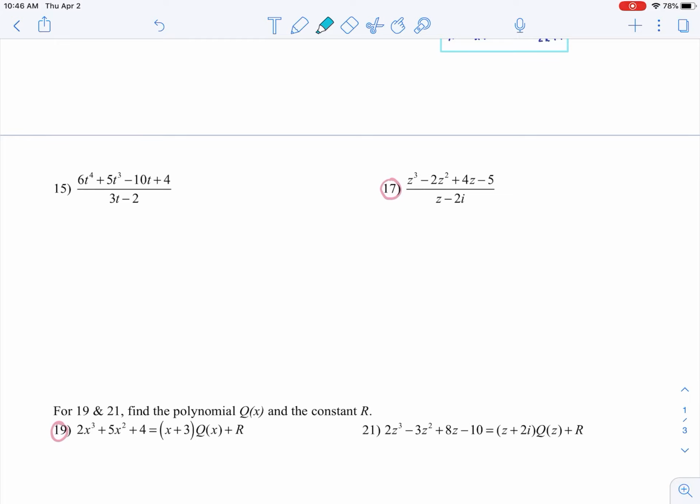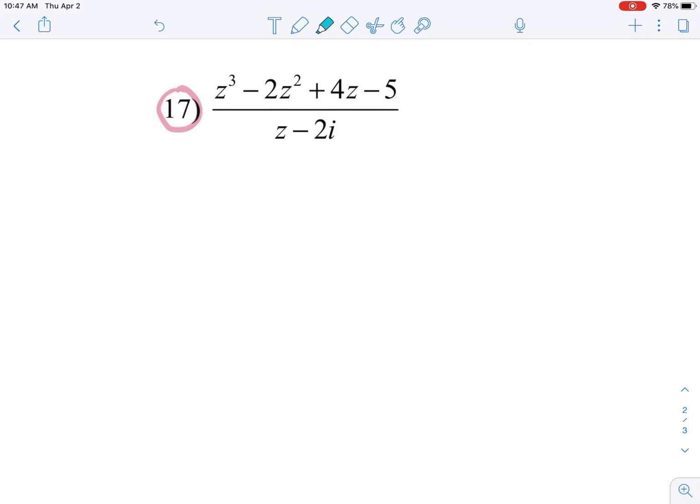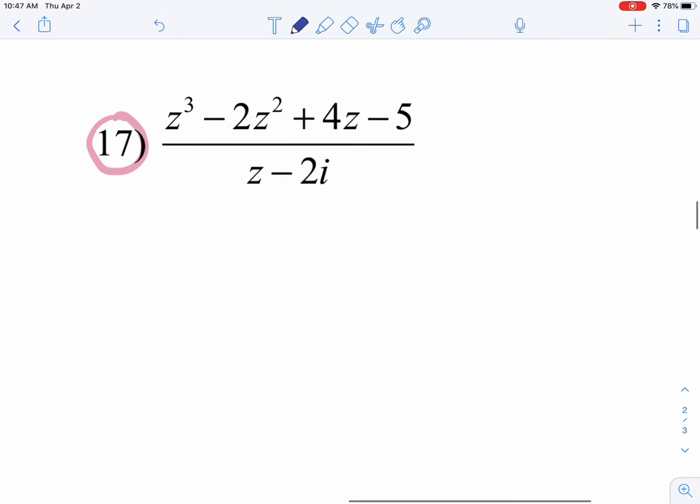Let's try number 17. I've got a polynomial divided by a binomial, and it has an i in it. Woo, complex numbers, yeah. Okay, first up, what's my root? My root in this case is 2i. I'm going to write out my coefficients.